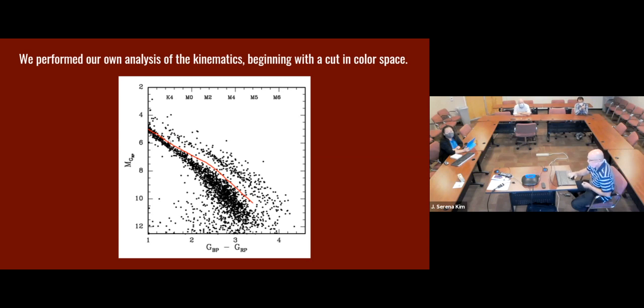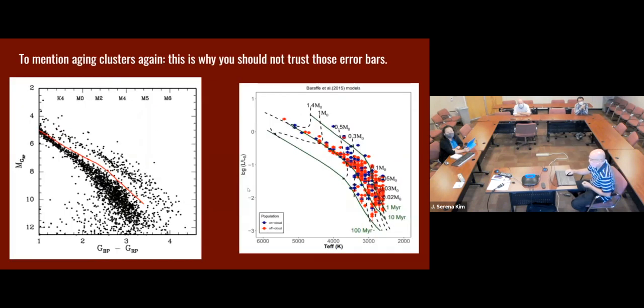So we took all the stars from about here, marked at K4, down to M5 and said, okay, let's just take all of these stars that are younger and we're going to look at them kinematically. Oh, sorry, this is me pointing out the problem with age estimates. Like a lot of papers, they sit there and say, well, some of the members are even older than 10 mega years and some of them are younger.